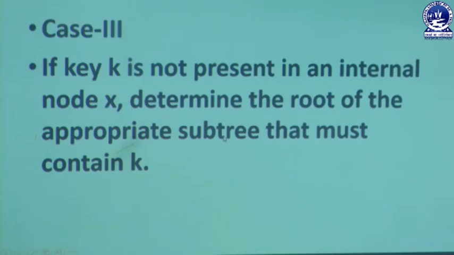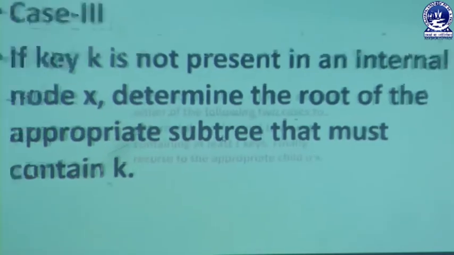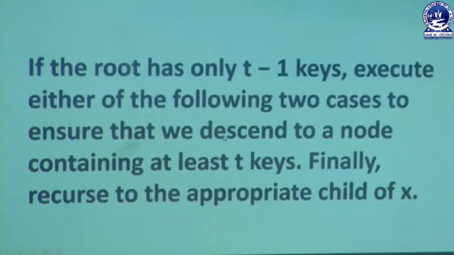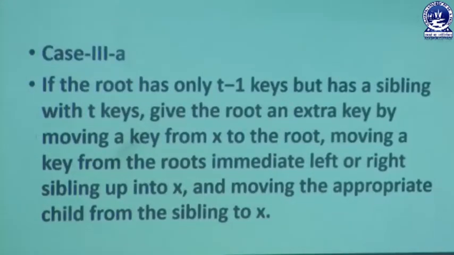Now I am going to discuss if the key is not present in an internal node. If the root has only t minus 1 keys, execute either of the following two cases to ensure that we descend to a node containing at least t keys. Finally, recurse to the appropriate child of y.